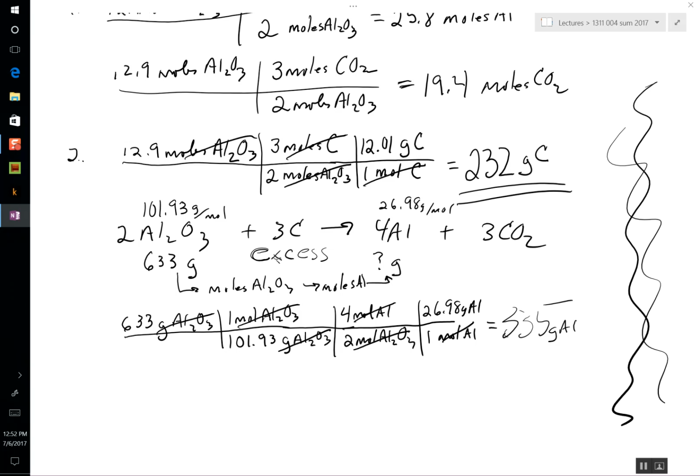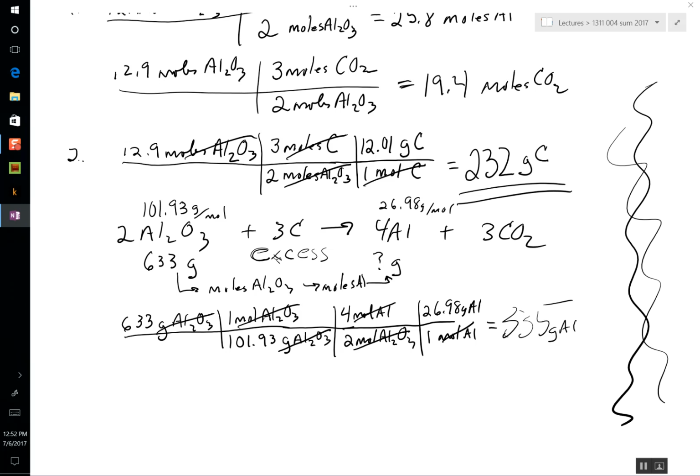In other words, if everything went perfectly, if you were able to completely react 633 grams of aluminum oxide and you were able to recover every last little pinch of aluminum, then you could get 335 grams of aluminum from that reaction. That would be a 100% yield. A perfect conversion of the aluminum oxide into aluminum.